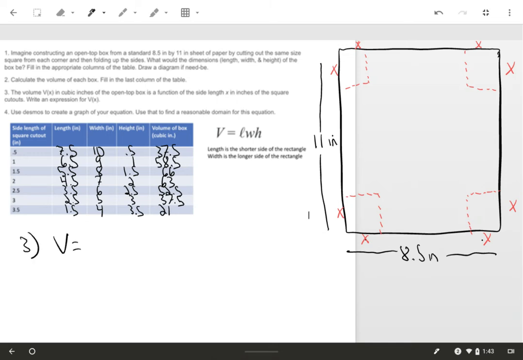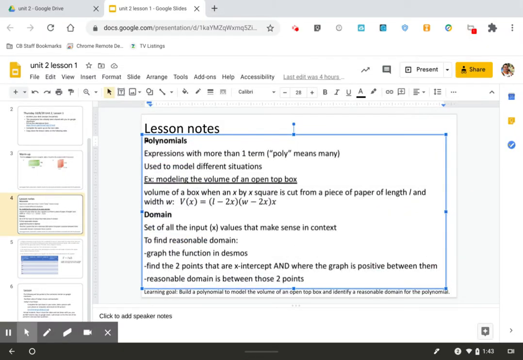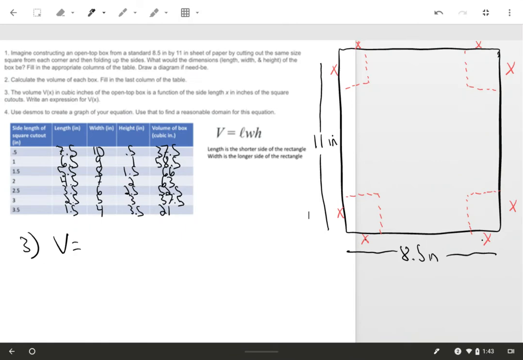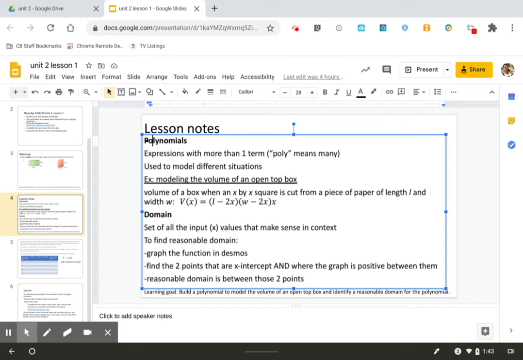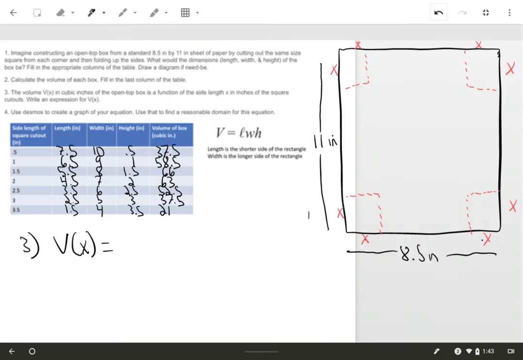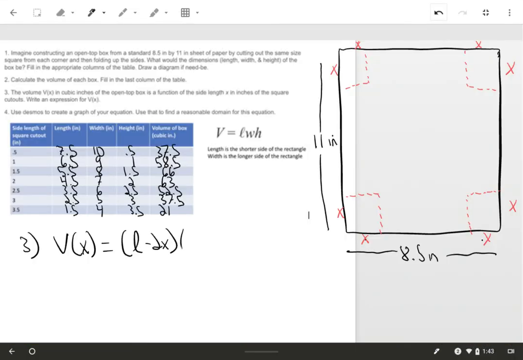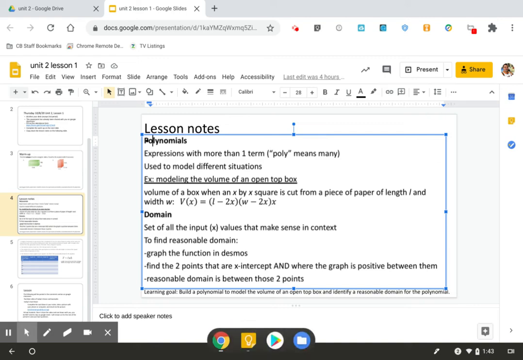V of x equals length minus 2x times width minus 2x times x.